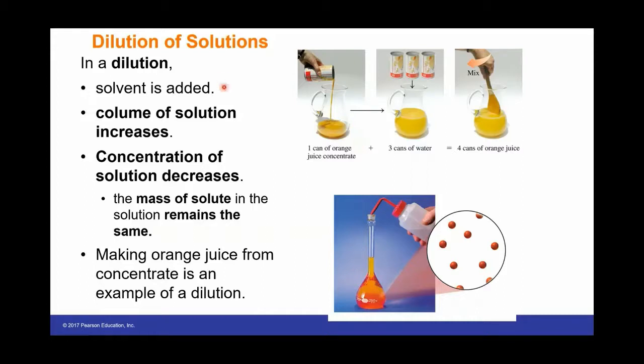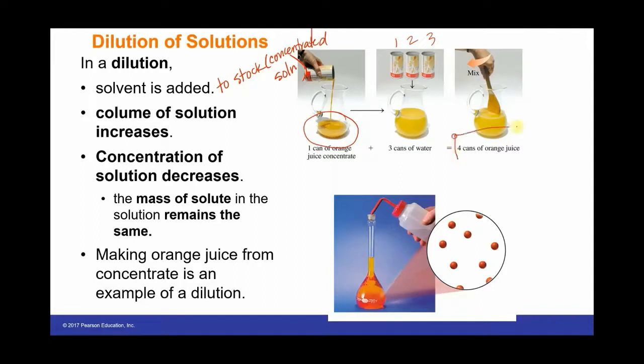So solvent is added to a stock or concentrated solution, right? So here we have our orange juice. It's a stock concentrated solution, and the instructions tell you to add 1, 2, 3 cans, full cans of water, and then we mix.